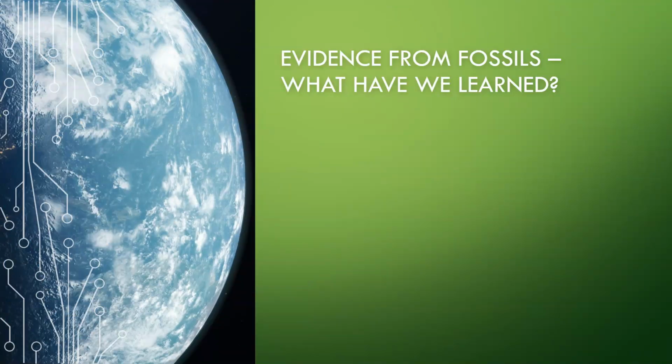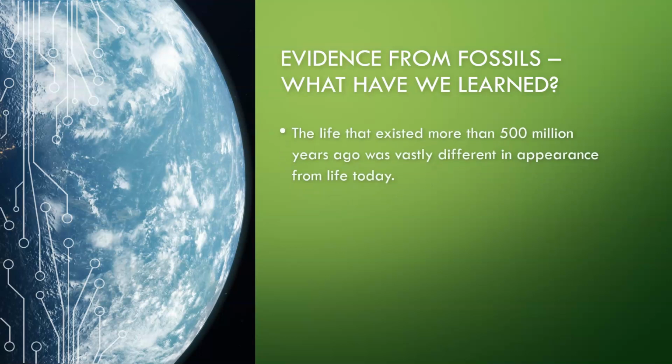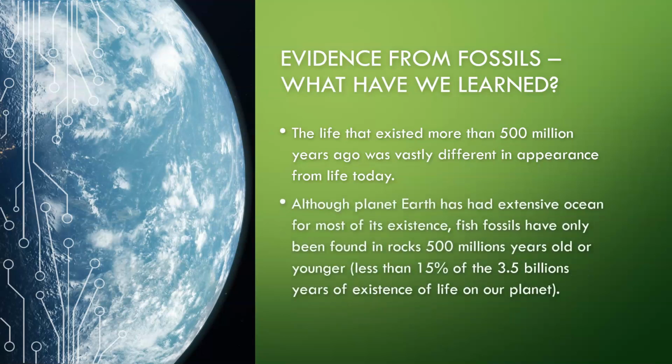So with evidence from fossils, what have we actually learned? Okay, so we've learned so far that life existed for more than 500 million years ago. Okay, we've learned that life then was vastly different in appearance to life as it is today.